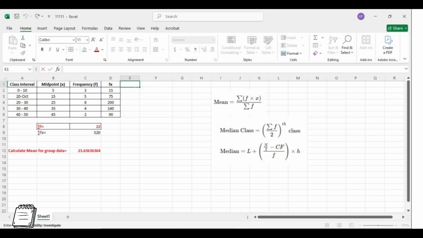N means the total frequency, minus the cumulative frequency, which we choose one set above the chosen class interval, and f is equal to the frequency of the chosen class interval. Now close the bracket, into h, which is the width of each class interval.